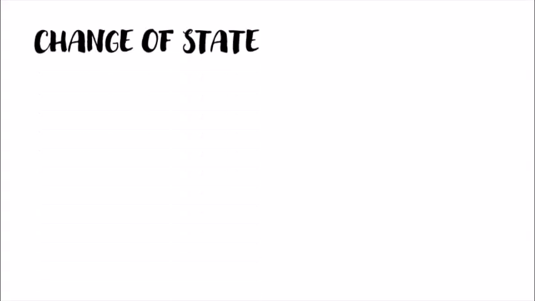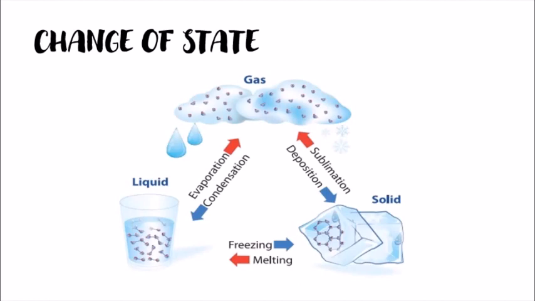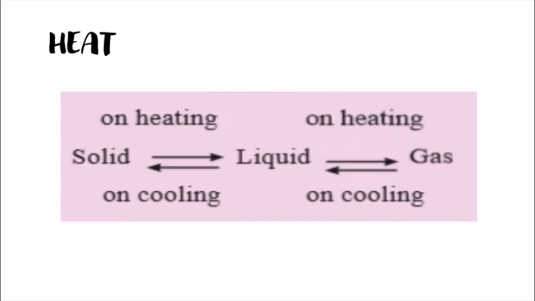Let's now study more in detail about the change of state of the substance. Let's see the effect of heat on the change of the state of substance. The change of the state of the substance is because of the amount of heat in it. That is, on gaining heat, solid substance changes into liquid form, and from liquid form, on gaining heat, it converts into gaseous form.